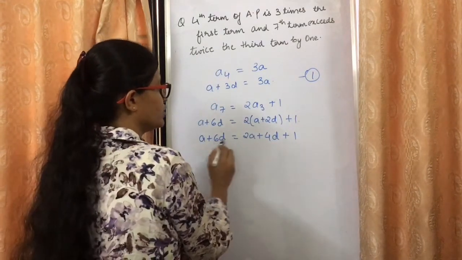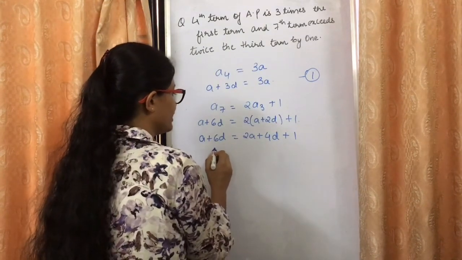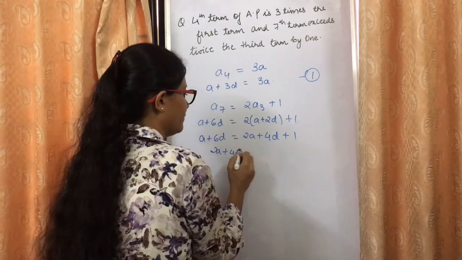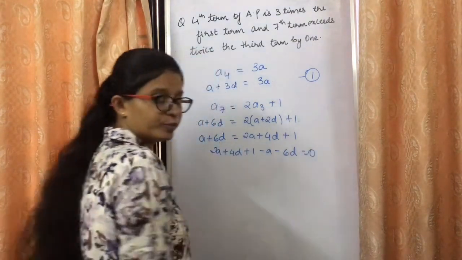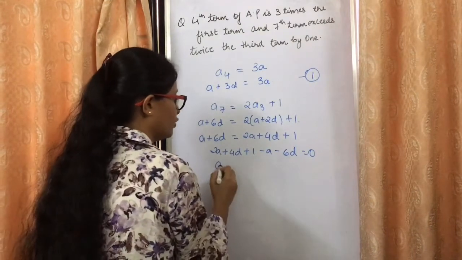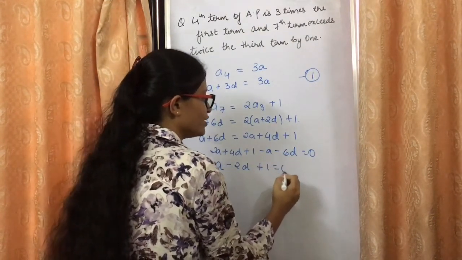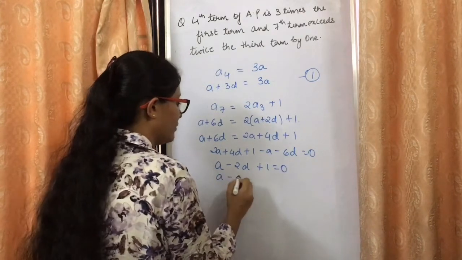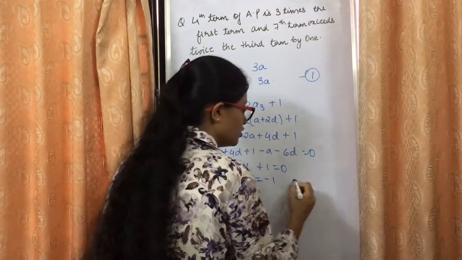Now you can make the equation in the form of A and D. Take this A and D here, and you will get 2A plus 4D plus 1 minus A minus 6D is equals to 0. 2A minus A will give you A, 4D minus 6D will give you minus 2D, plus 1 is equals to 0. You can write A minus 2D is equals to minus 1. That is your equation number 2.